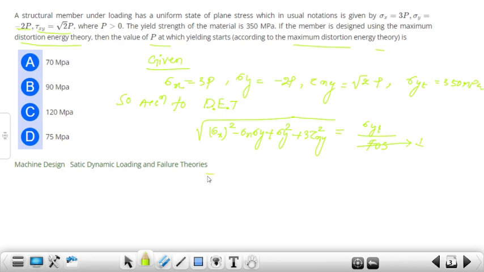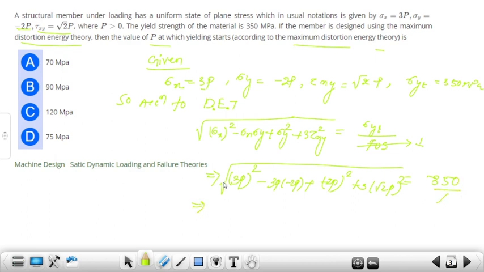So putting all the values, we get sigma x is equal to 3p, square, minus sigma x into sigma y, where sigma x is 3p and sigma y is equal to minus 2p. So 3p into minus 2p plus sigma y, minus 2p, whole square plus 3 times tau xy, root 2 times p, whole square, then root over of it is equal to 350 divided by 1.